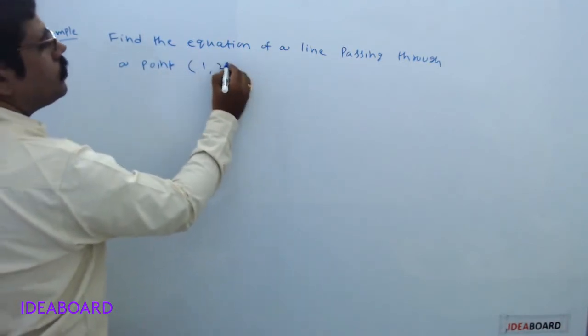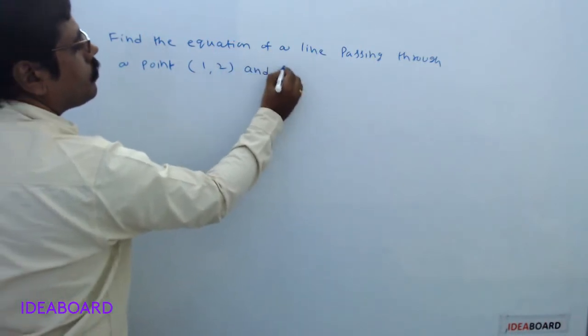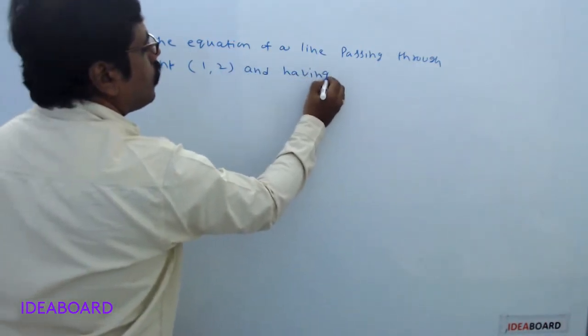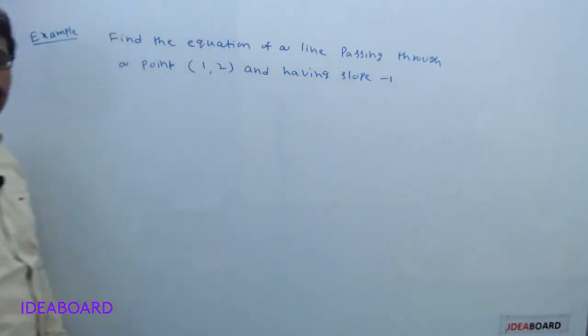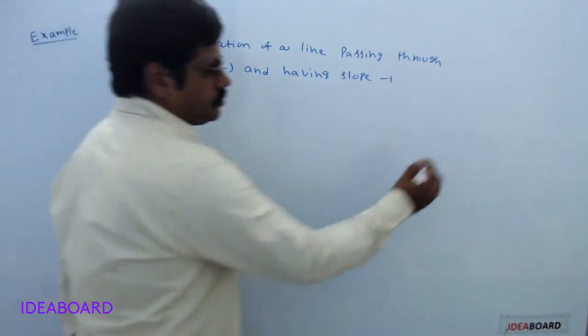Find the equation of a line passing through a point 1 comma 2 and having slope minus 1.